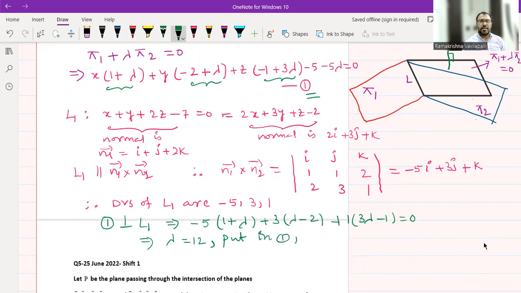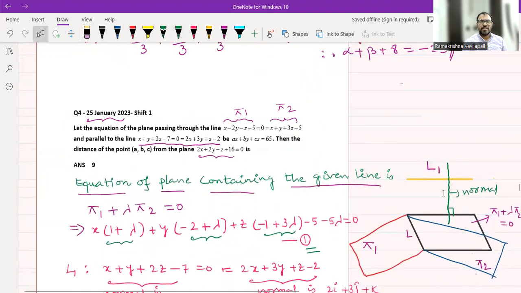We get 13x plus 10y plus (36 minus 1) 35z minus 65, equal to 0. We got this. Now I'm going to see the question again.